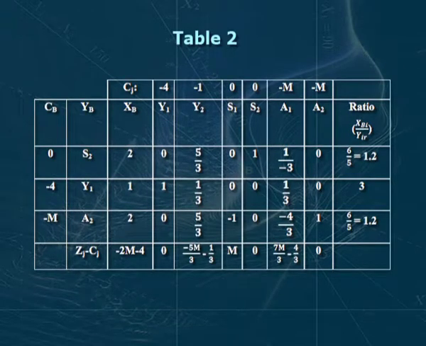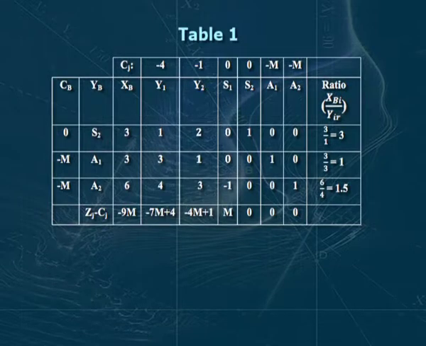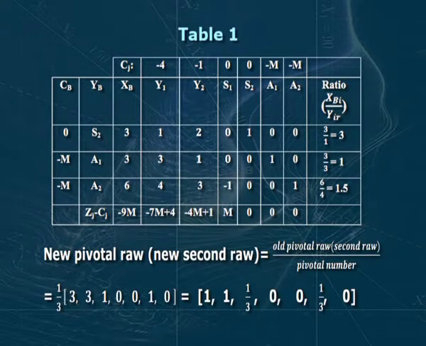In table 2, similarly we keep all the headings as they are and we calculate the cell values using the formula. New pivotal row or new second row equals old pivotal row, that means old second row, divided by the pivotal number.